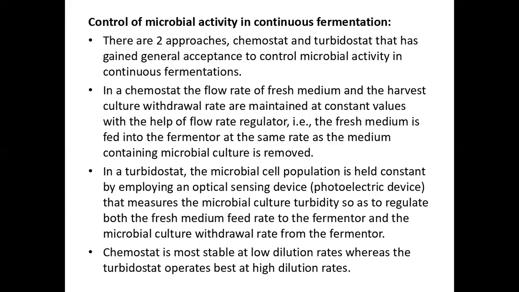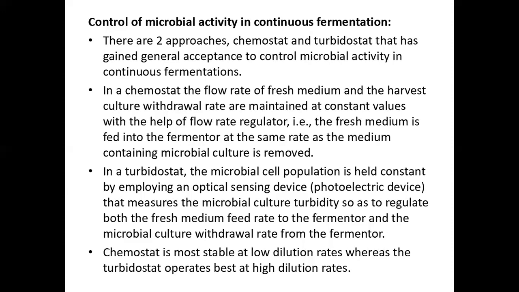So chemostat: chemo means chemical, stat means static. We are keeping the concentration of a particular chemical at a constant level. That is why we are calling it a chemostat. So, what is this chemical? This is the key chemical or key nutrient which is required for the production of the particular compound. It will vary from one fermentation to another.